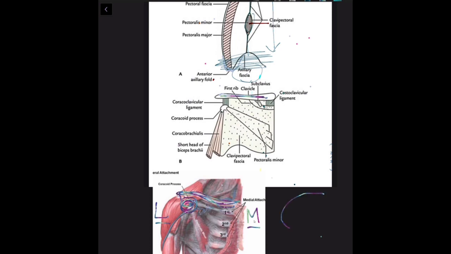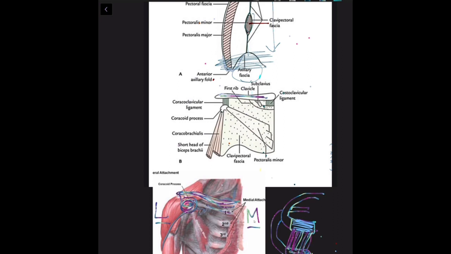Suppose this is a rib, and here you have this costal cartilage. Suppose you have another rib here, right? And you have the same costal cartilage here also. In between two costal cartilages you have some membrane covering it, which is called intercostal membrane.